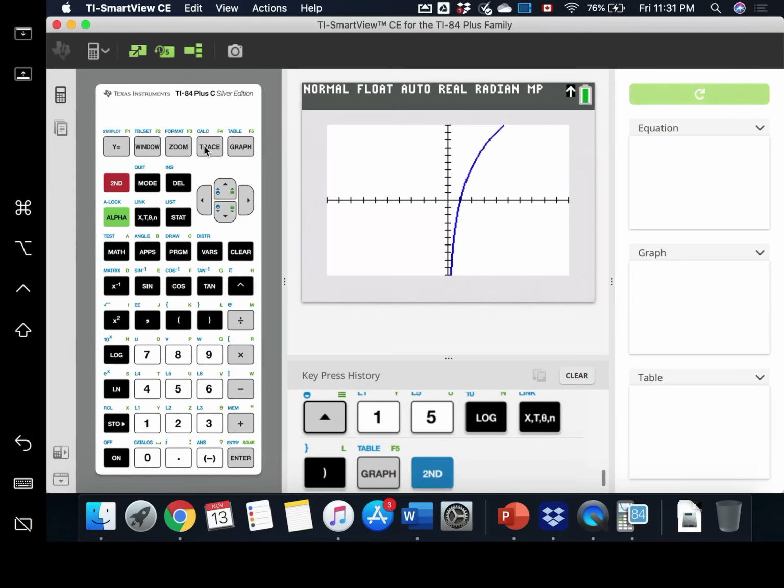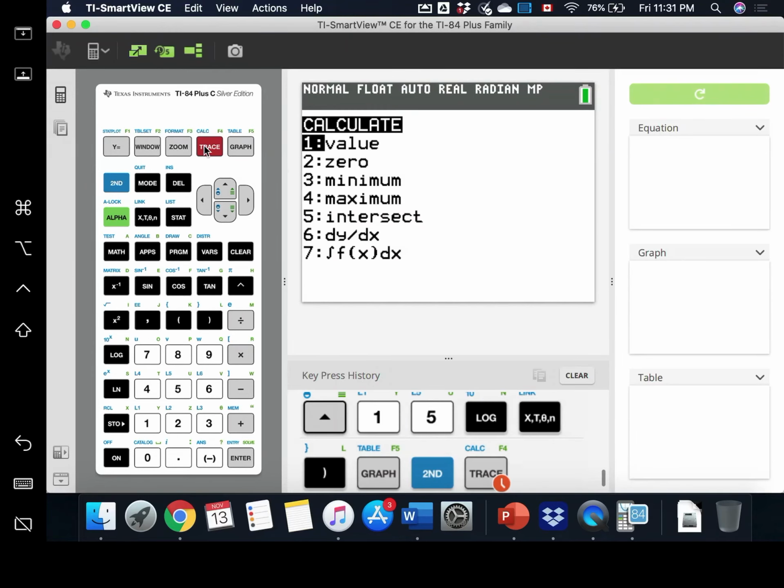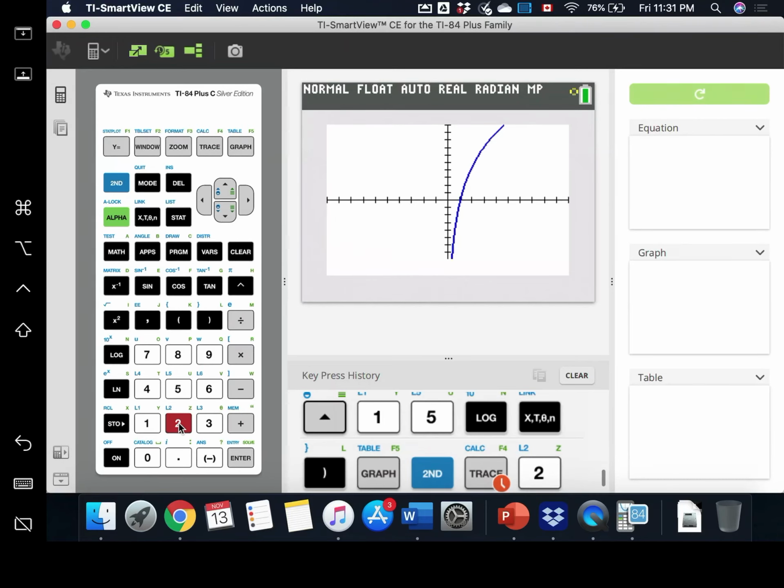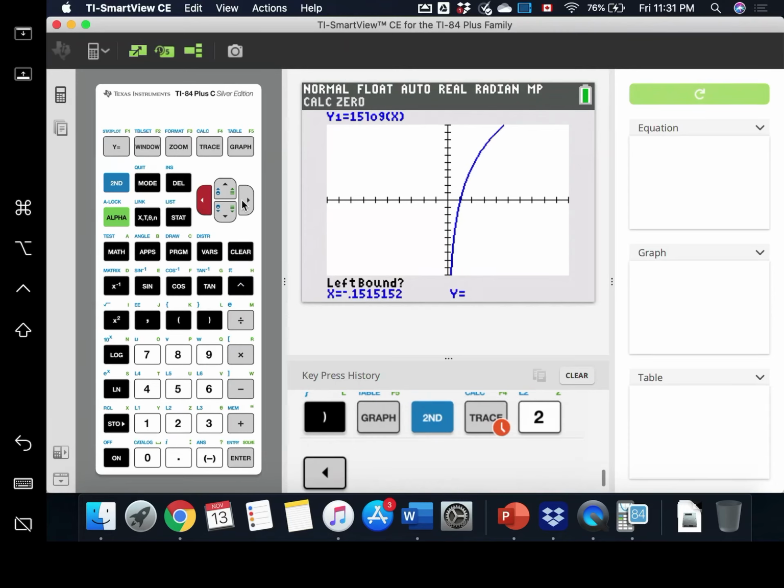To find your x-intercept, you're going to press second trace, number 2. You're going to move your cursor left or right. Do you see how there's a left and right cursor? I'm going to move it until I locate it.